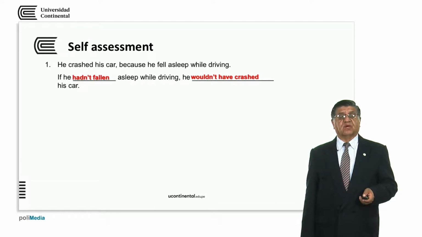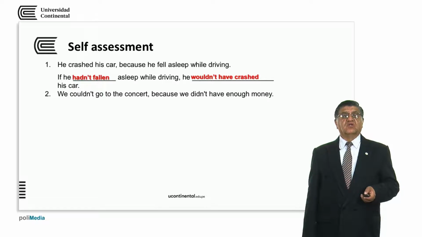Hadn't fallen, the past perfect; wouldn't have crashed, the perfect conditional. Would have, in this case, is wouldn't have. We construct the negative form, contracting would and not, wouldn't, and in the past perfect, had and not, hadn't.